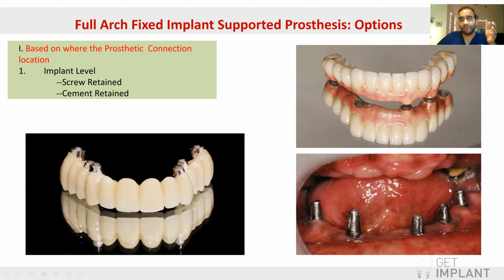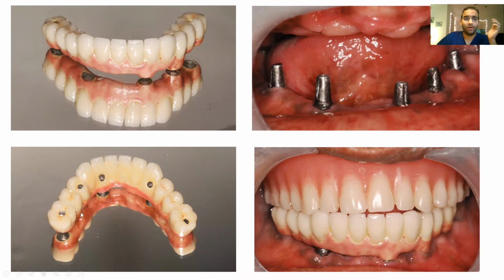Fairly straightforward. If you're doing that, just make your life easier by adding screw access holes, okay? This is a very doable prosthesis, predictable, not very hard to do, but there are disadvantages.